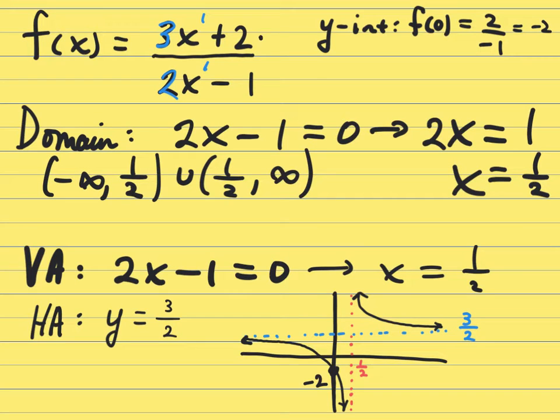The x-intercept comes from the numerator being 0, 3x plus 2, that's equal to 0 when x equals negative 2/3, and that's your x-intercept.